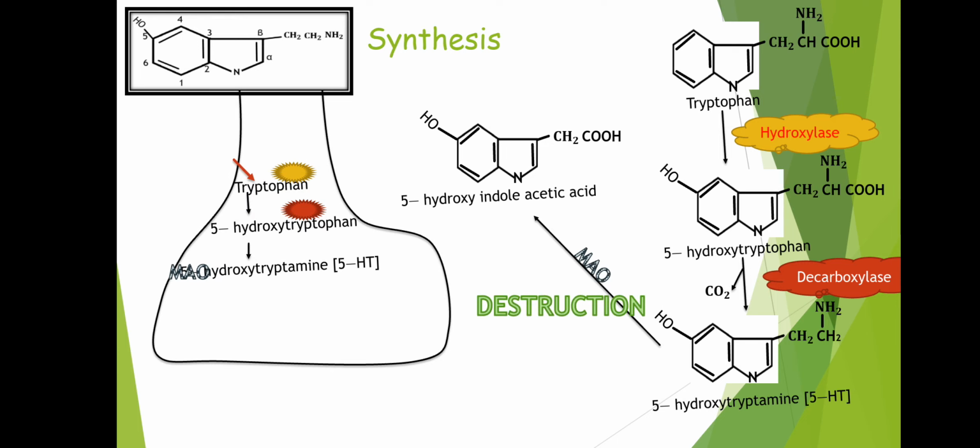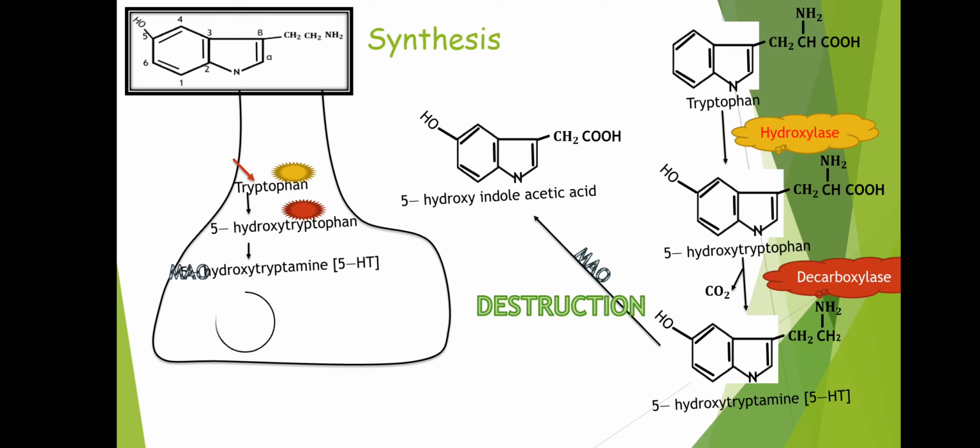Okay, so this destruction is mainly done by the enzyme monoamine oxidase. So to protect our 5-hydroxytryptamine from the attack of monoamine oxidase, what we need to do? We need to give protection to this 5-hydroxytryptamine. So what kind of protection means?